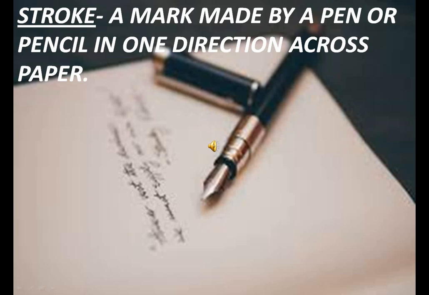Okay, so a small dash-like thing that comes from a pen or a pencil, that is called a stroke. Even those of you who take drawing classes, you would know about the different strokes. Yes, you are taught about the different strokes of pencils and whatever things you use for your drawing classes. Okay, so this is what stroke means.